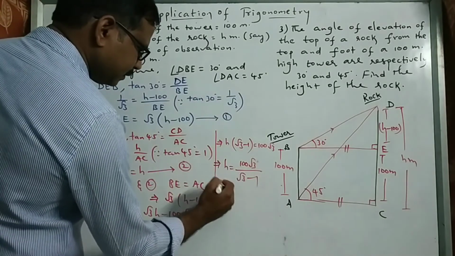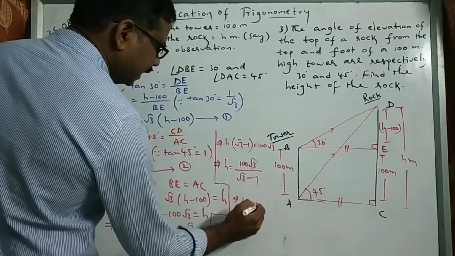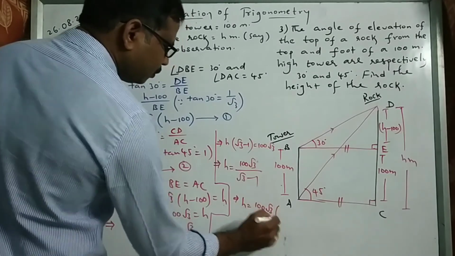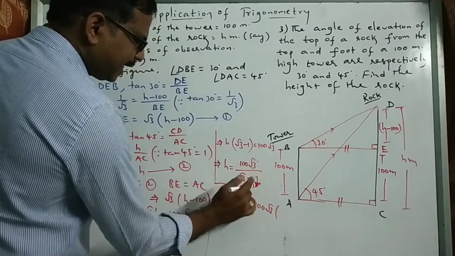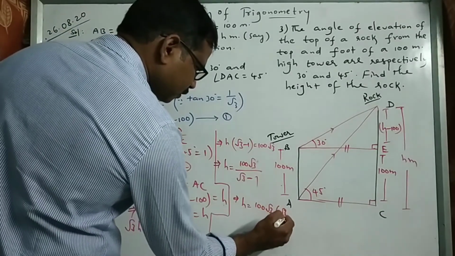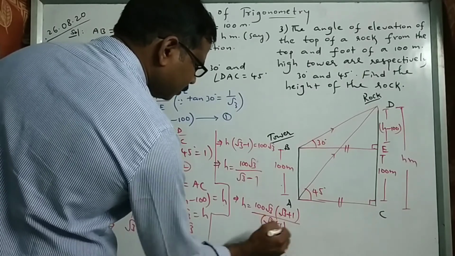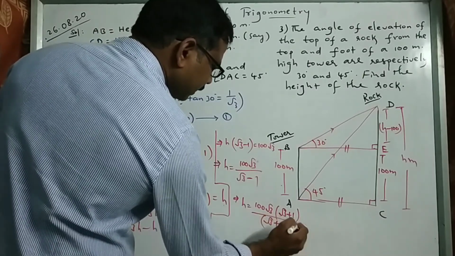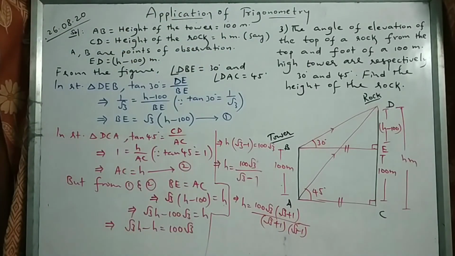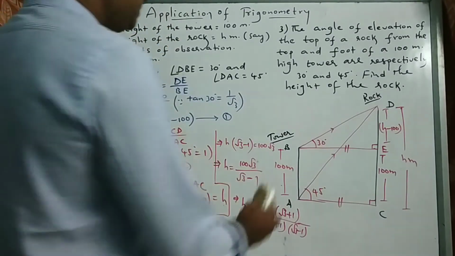I will do it. h equal to 100 root 3 into, what is the rationalizing factor of root 3 minus 1? Root 3 plus 1. So root 3 plus 1 upon root 3 plus 1 into root 3 minus 1. Rationalizing factor of root 3 minus 1 is root 3 plus 1. So multiply and divide with that.